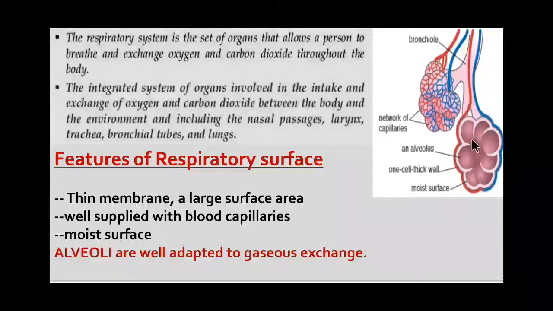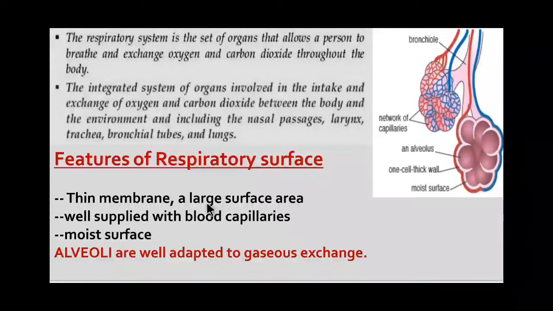That means the wall of the alveoli is made up of a single layer of thin squamous epithelium cells, and so are the walls of the capillaries, and this creates a short distance for diffusion of the gases and rapid gaseous exchange.